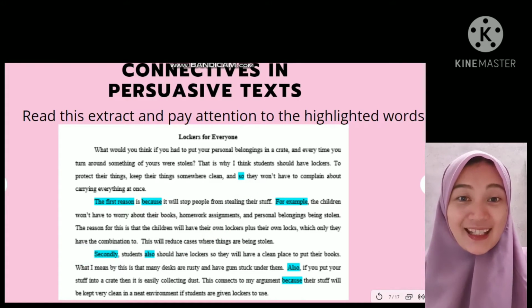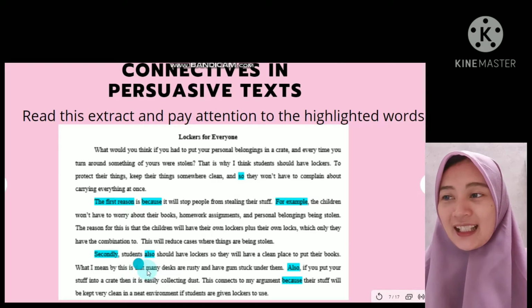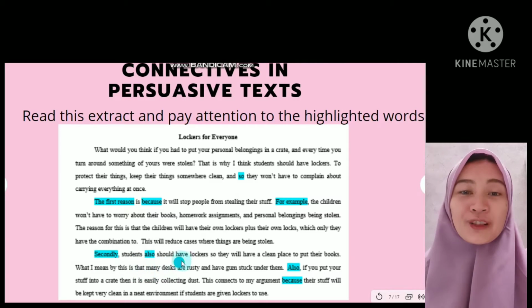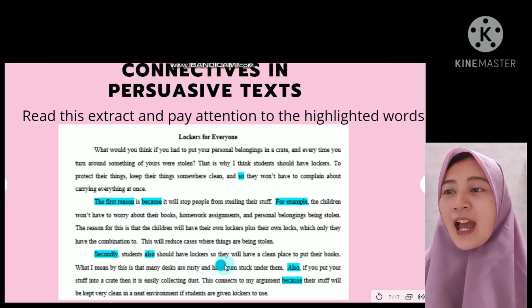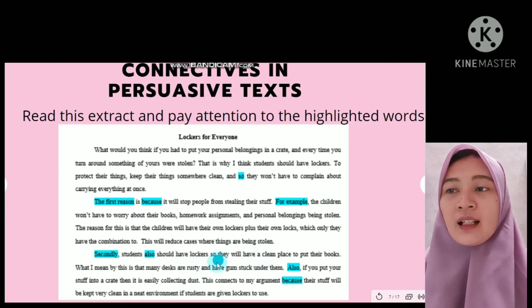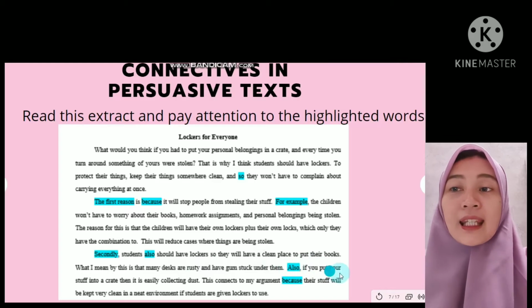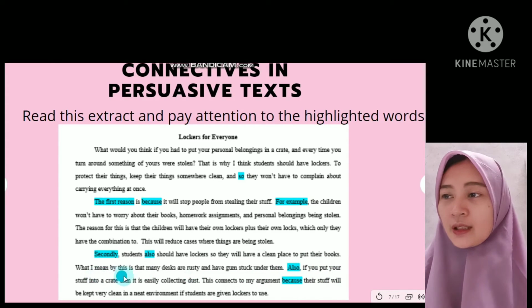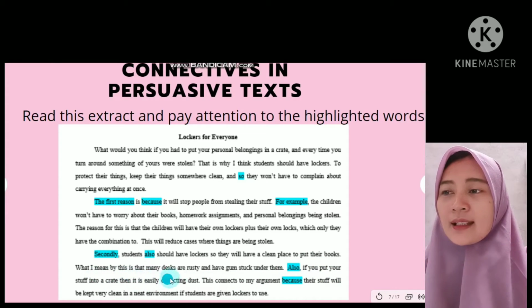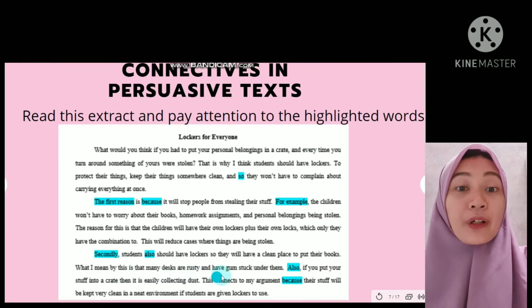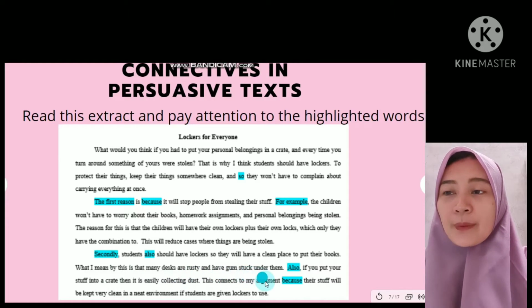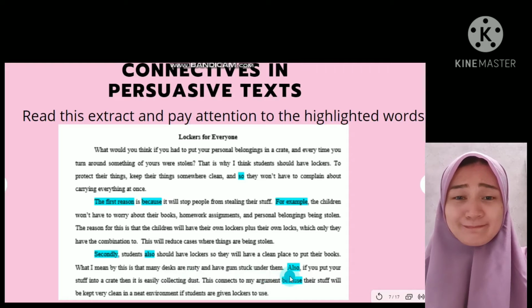Secondly, okay, another connective here. Students also should have lockers, so they will have, okay, there is so here also, a clean place to put their books. What I mean by this is that many desks are rusty, have gum stuck under them.